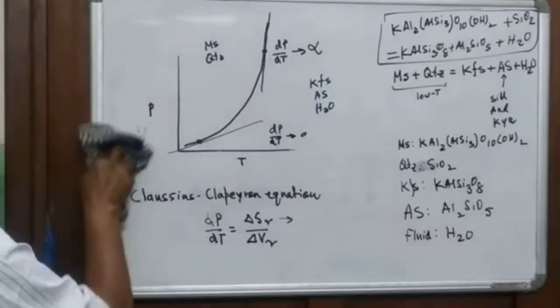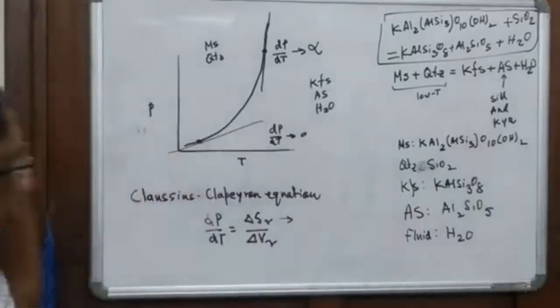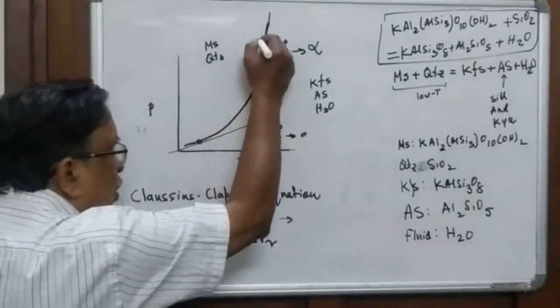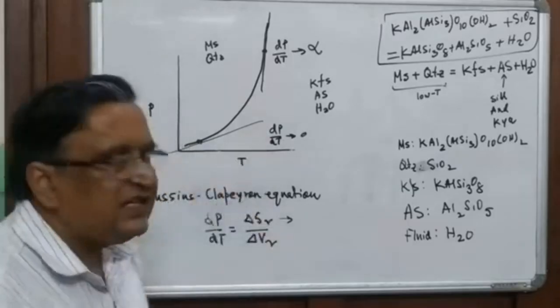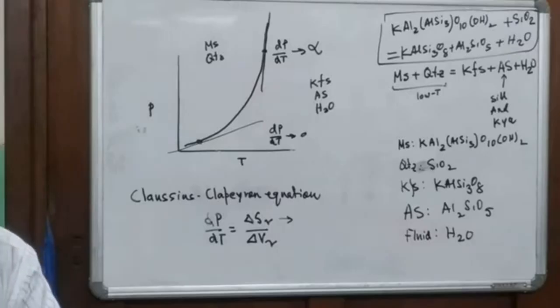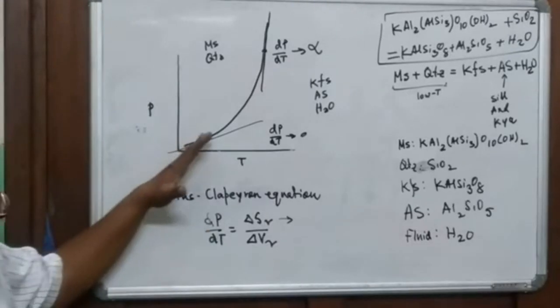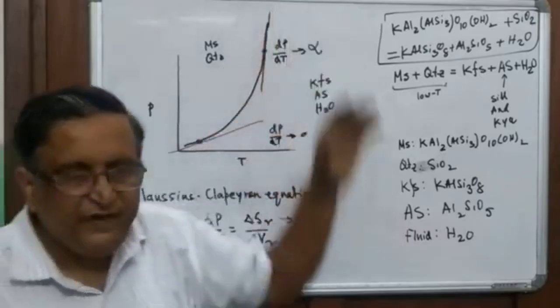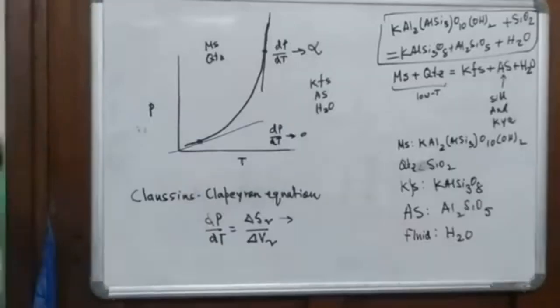So what we see here in this reaction, the slope of the reaction, that means the dP/dT of the reaction, tends to 0 at low pressure and temperature, and dP/dT tends to infinity at high pressure and high temperature.